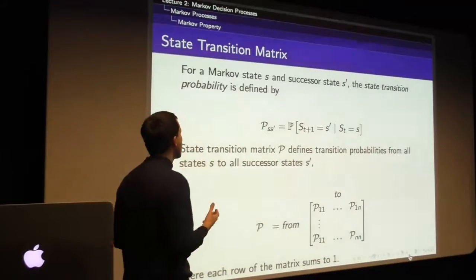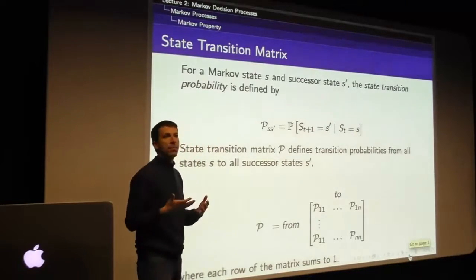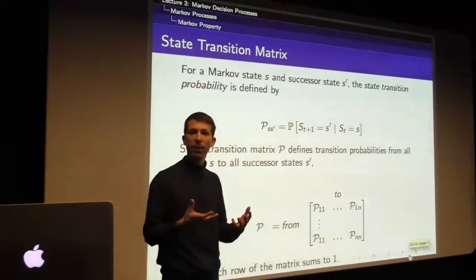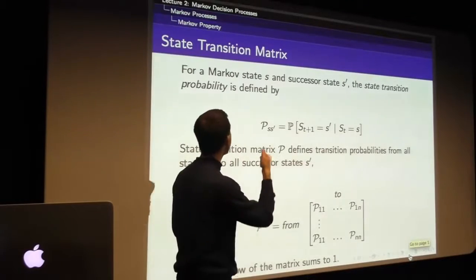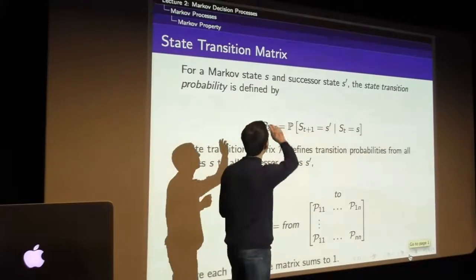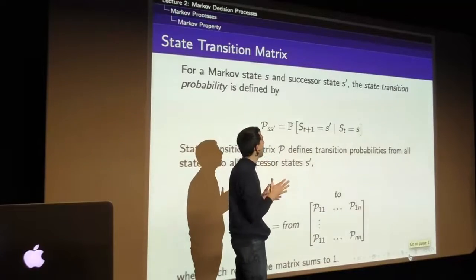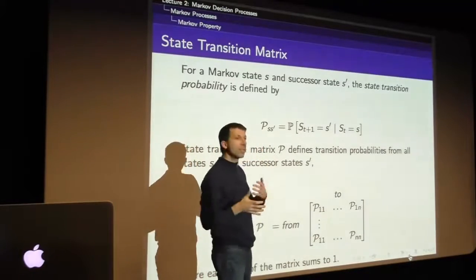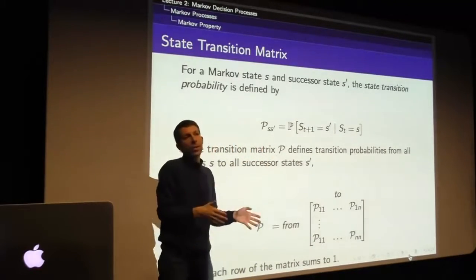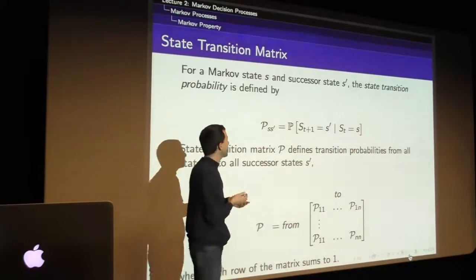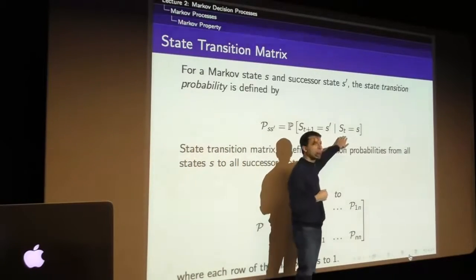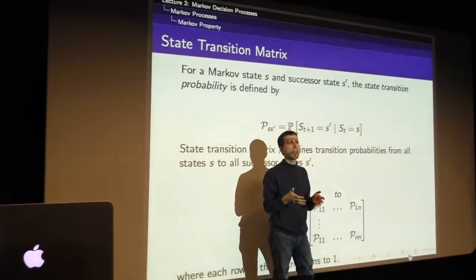So one way to understand this is that for any problem with the Markov property, for any Markov process, if you start in some state S and you've got some successor state S prime, then you can actually define the probability that you'll transition from one of those states to the next state. So remember that this state which we were in characterizes everything about what will happen next.